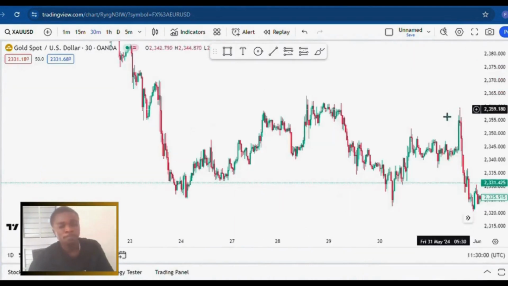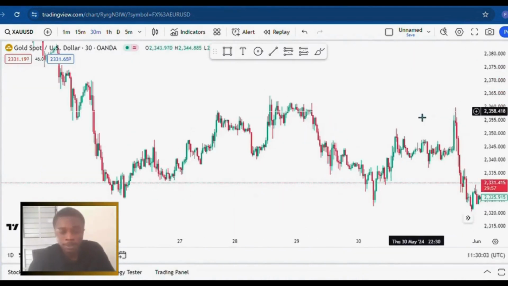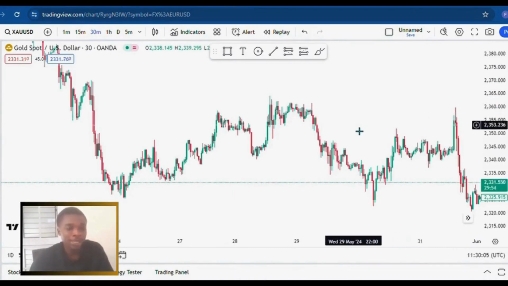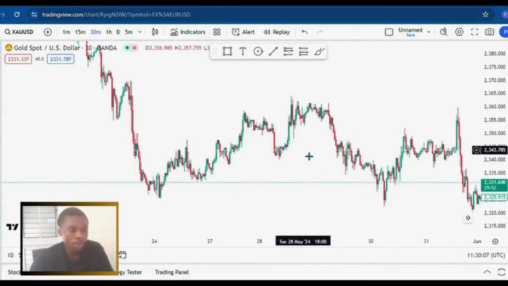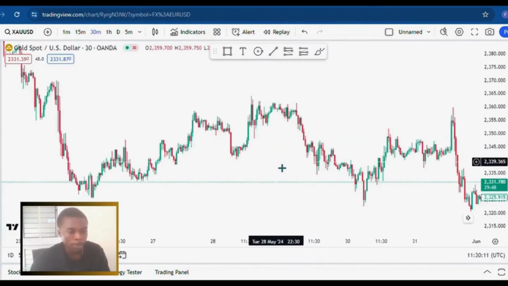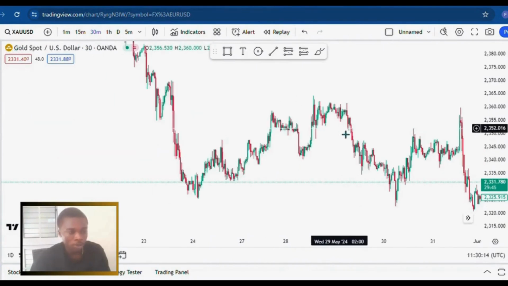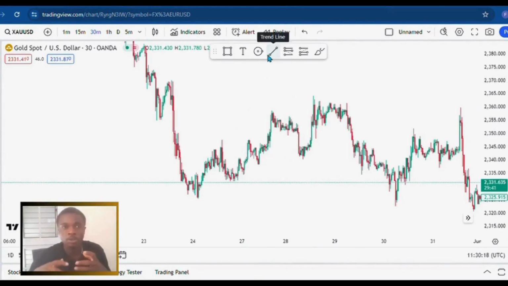So now I'll show you first the scalping style and the time frame you should be using, how to analyze the market. Now this is a day trader style of trading. As a day trader, most times the trade you should be trading is support and resistance breakouts.